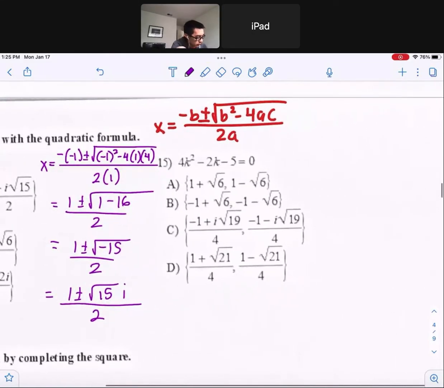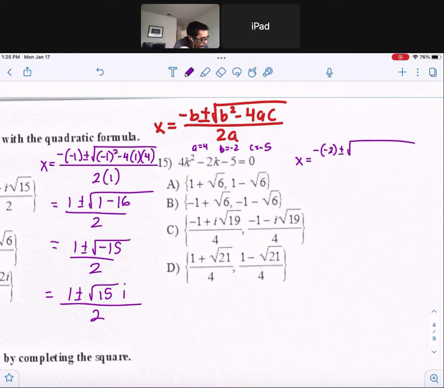Okay, so our A is 4, our B is -2, and our C is -5. So, plugging it into the formula, right? Negative of our B, which is -2, plus and minus the square root of -2 squared minus 4 times our A, which is 4, times our C, which is -5, all over 2 times A, which is 2 times 4.